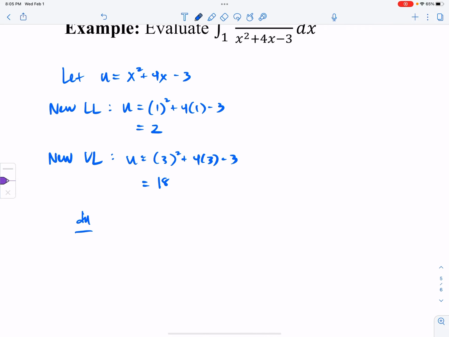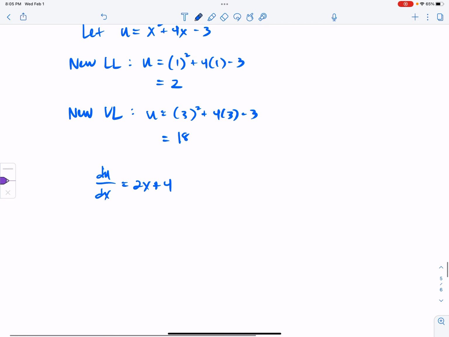So du over dx is 2x plus 4. And if you solve for dx, you get du over 2, which I'm going to rewrite as 2 times the quantity x plus 2.